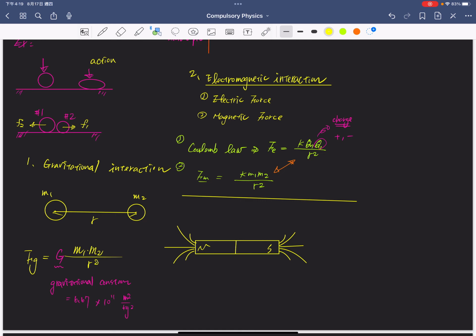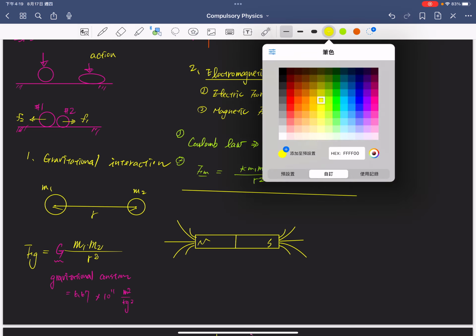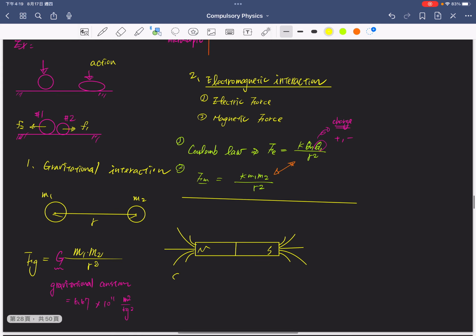Okay, that's great. When we start from the N and go to the S, we can get some important properties. The first is that the magnet must have an N source and N ports and S source ports.